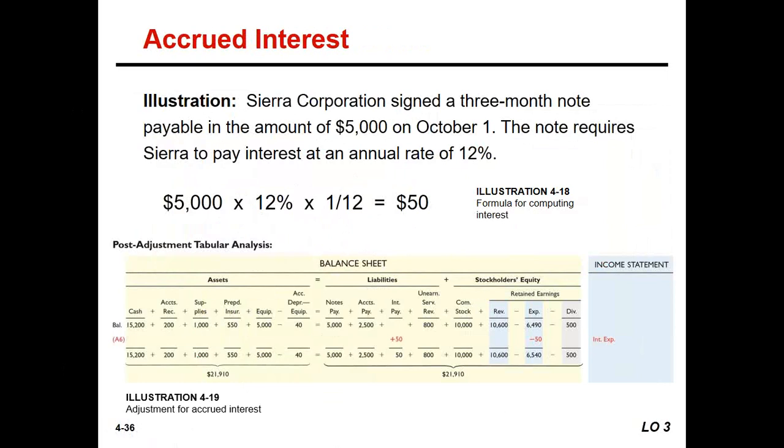You can put this in your calculator and just run it straight through: 5,000 times 0.12 times 1 divided by 12 to get your answer, or do the calculation in a formula just like that on an Excel spreadsheet. So here, interest payable, because this time we owe the interest, and interest expense.